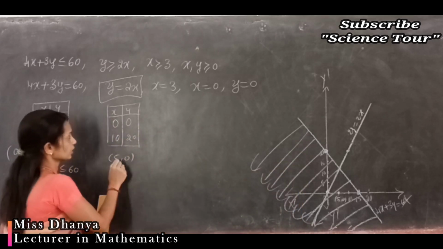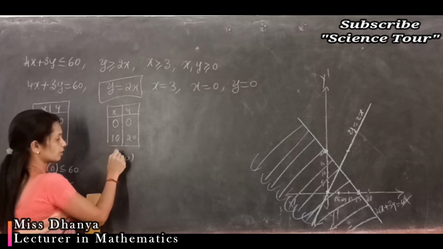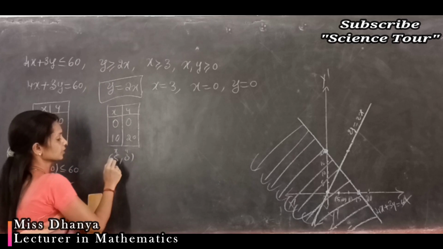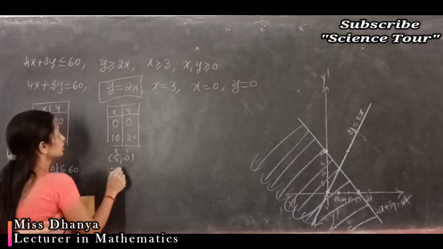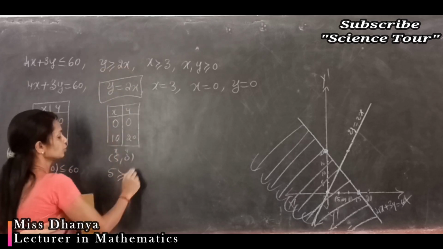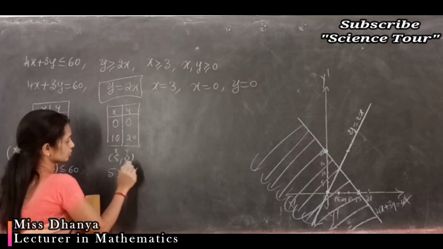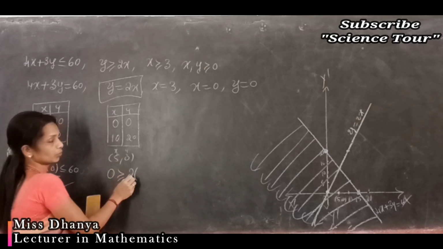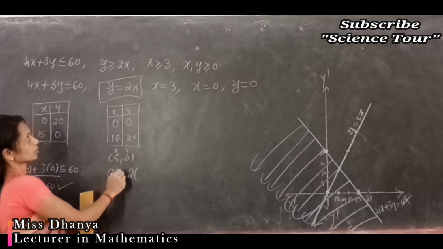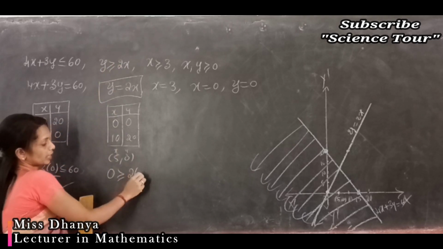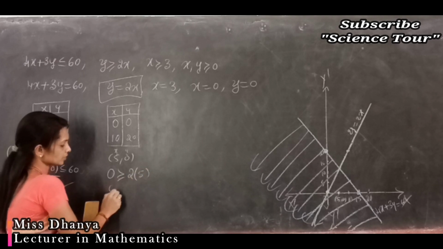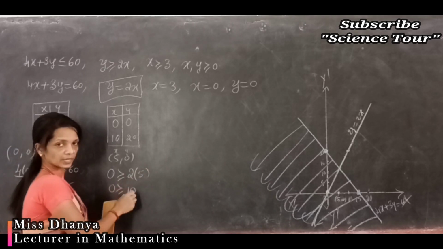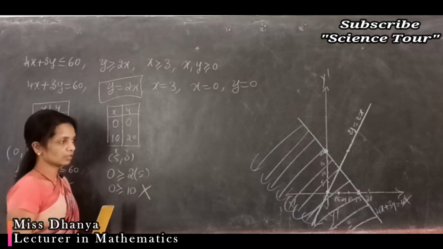So x place you have to take 5 and y place you have to take 0 in the inequality. So y is 0, greater than or equal to 2 into x, x is 5. 0 greater than or equal to 2 into 5, that is 10. Is 0 greater than 10? No. So this is the wrong inequality.